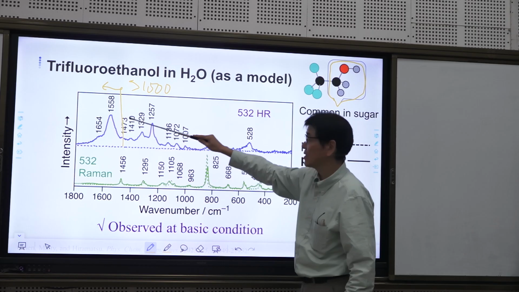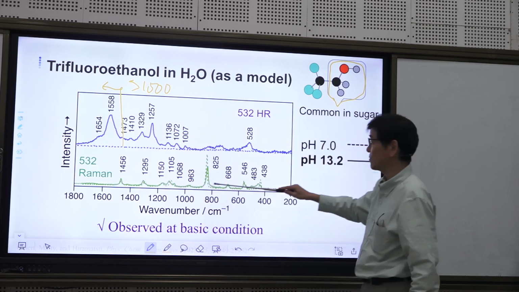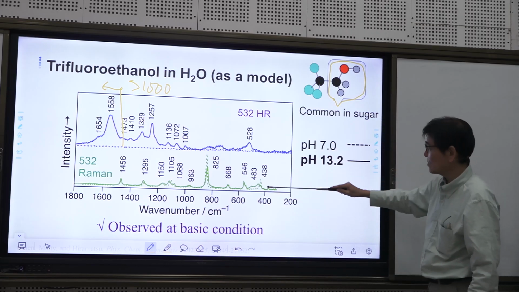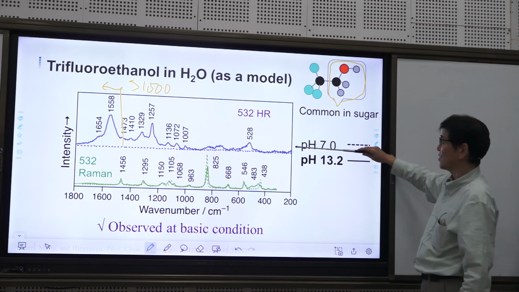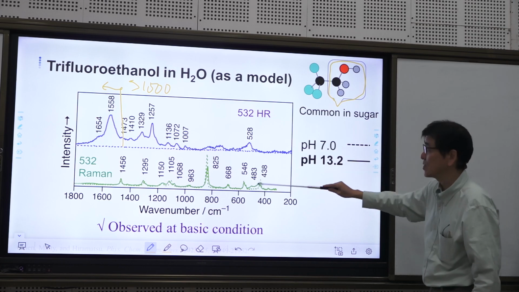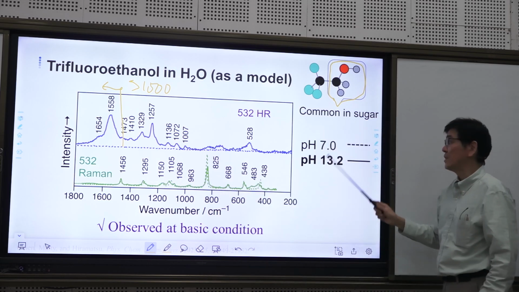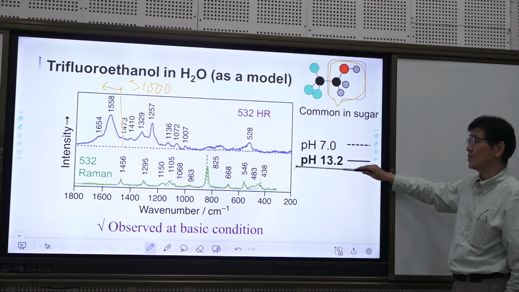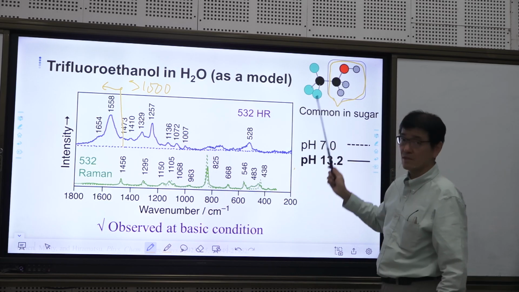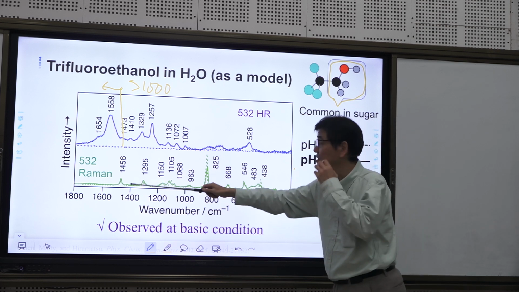Again, the hyper-Raman spectrum pattern is completely different from the Raman signal. The Raman signals are measured at pH 7.1, 7.0, and 13.2, and the spectral pattern is similar. So even at a highly basic condition, this molecule is not decomposed, because the Raman signal is fine.